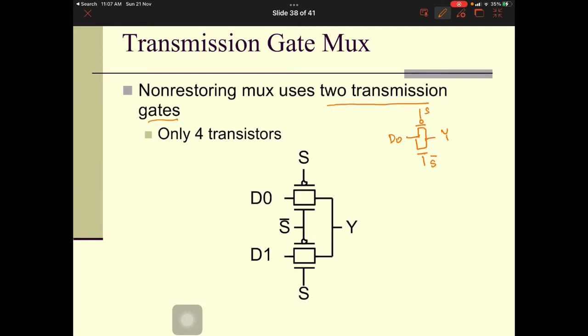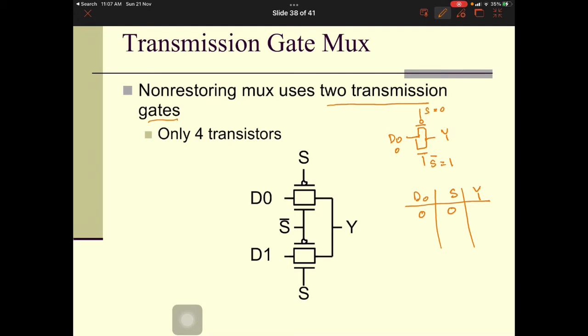So let's look at what will happen when we put the truth table over here. So you have D0, S and Y. Okay, so let's put 0, 0. Okay, so let's put here D0 equals 0, S equals 0, and S bar will be the inverse of S, so it will be equal to 1.